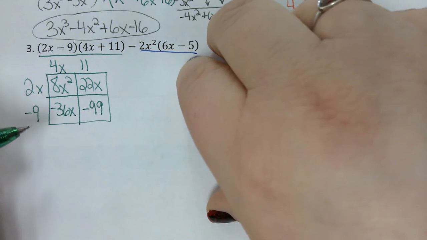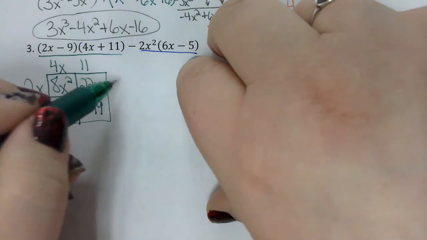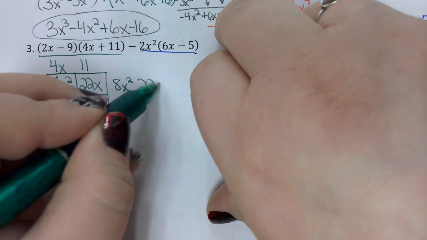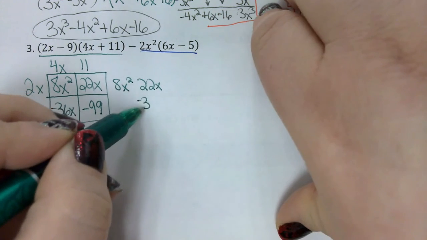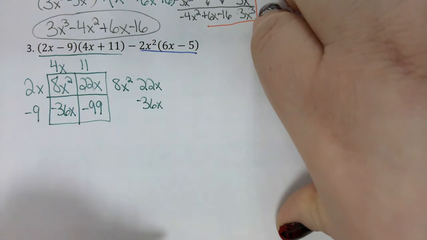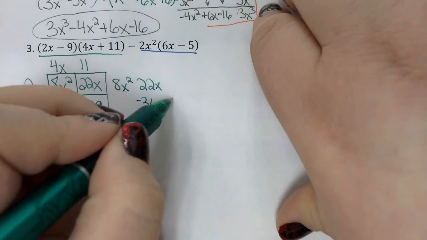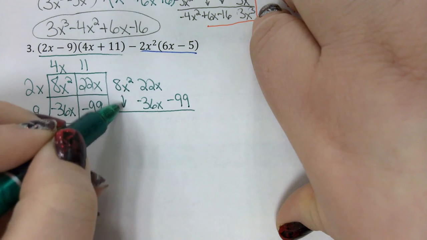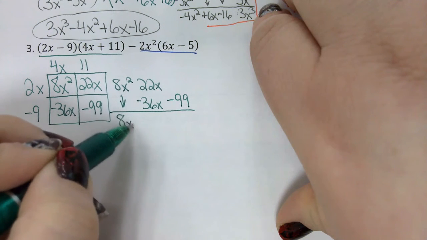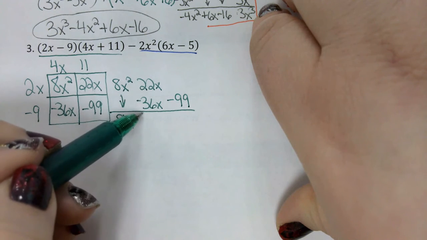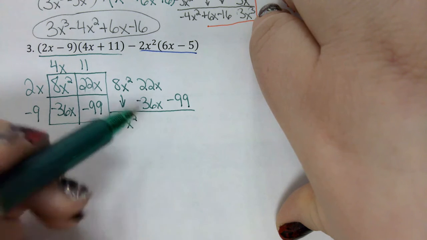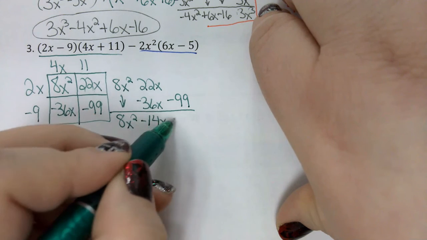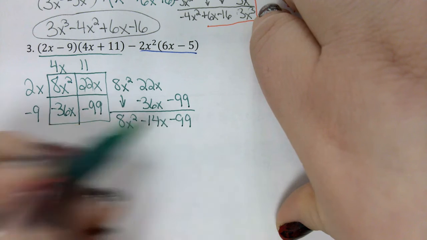We're looking for our like terms here. 8x squared, 22x, negative 36x gets lined up underneath the 22x, and negative 99. That 8x squared doesn't have anything to combine with, but the 22x and the 36x can combine together to be negative 14x, and negative 99 doesn't have anything to combine with.